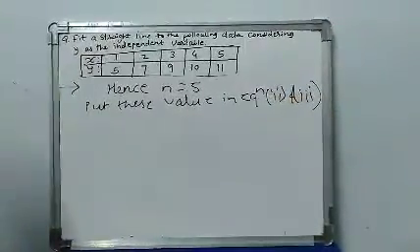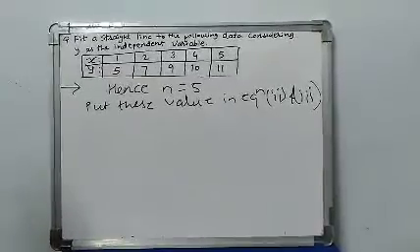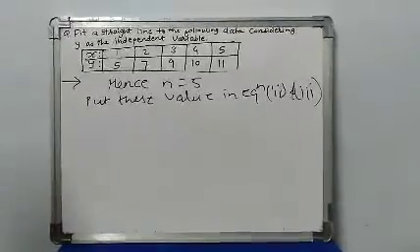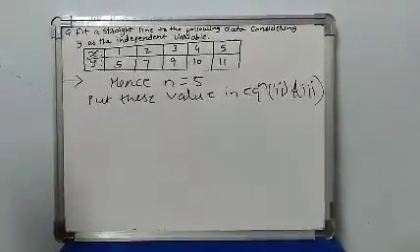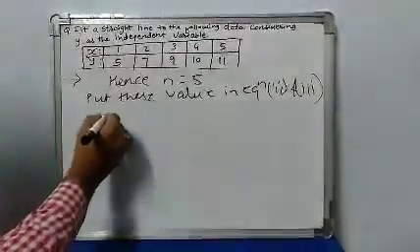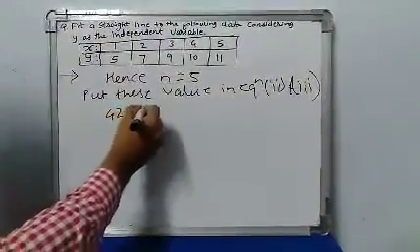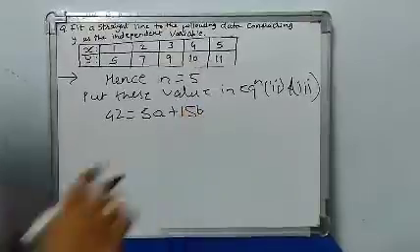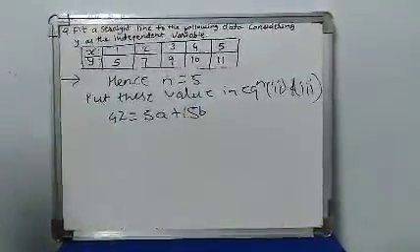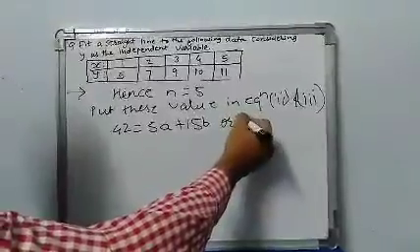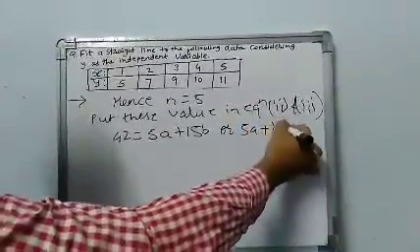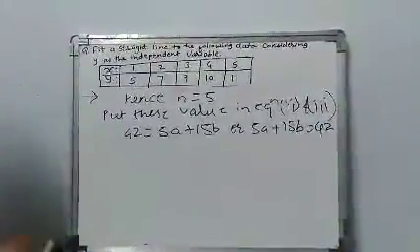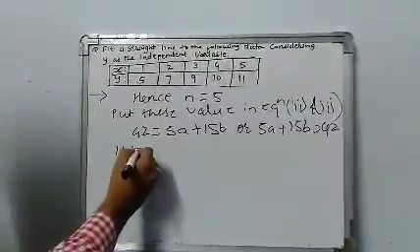Okay, we have obtained the values of summation of x, summation of y, summation of xy and summation of x square. So we need to put these into equations 2 and 3. So we get 42 equals 5a plus 15b, or you can write it as 5a plus 15b equals 42.